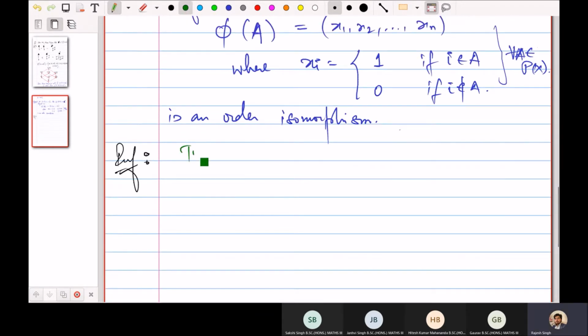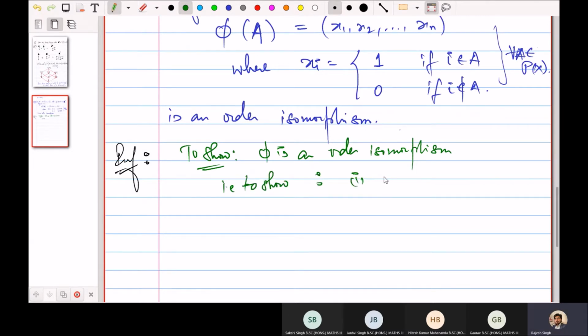So to show phi is an order isomorphism, we will show three things. First, phi is well defined.